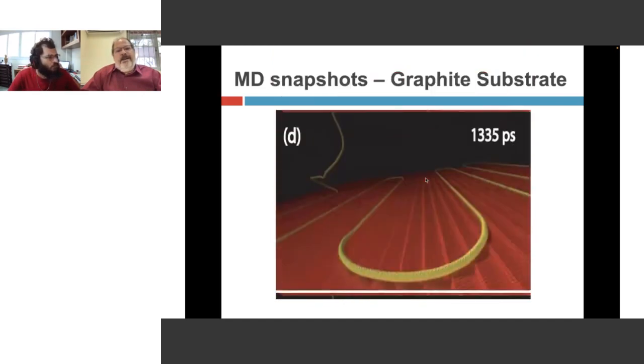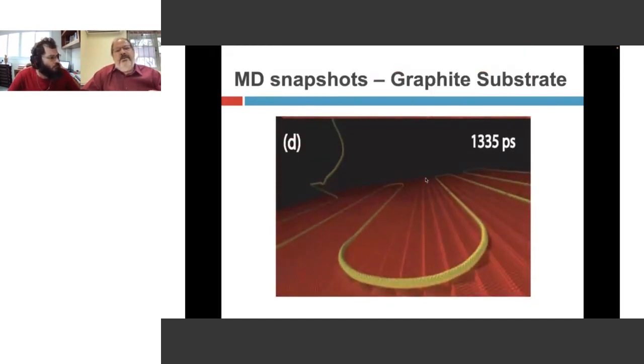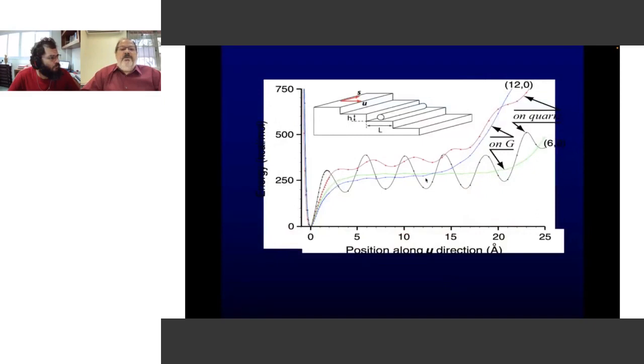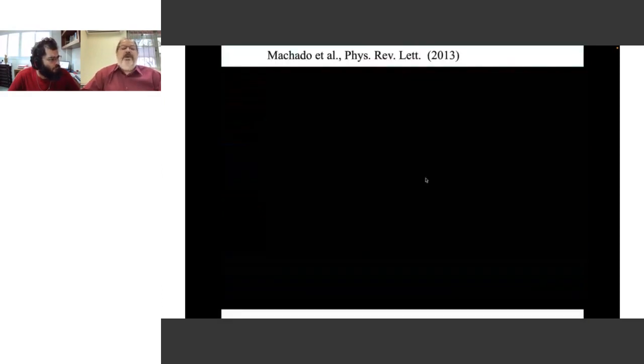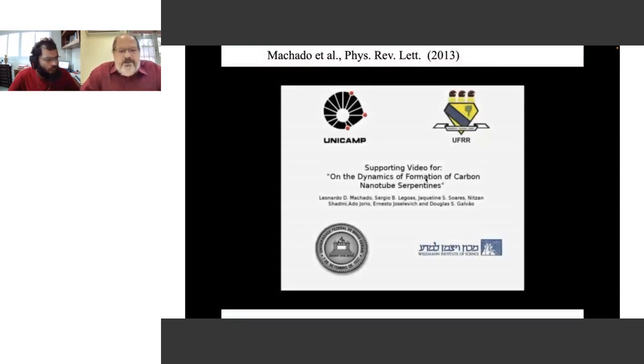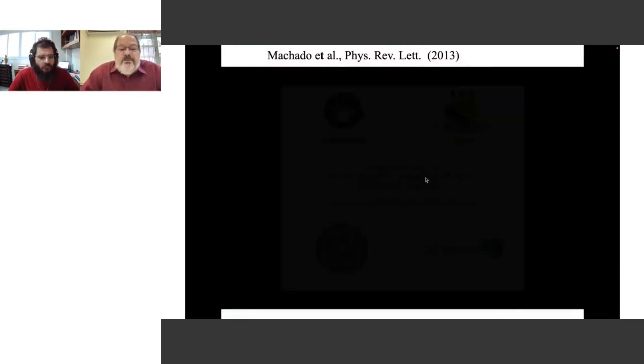They are similar, but the details are different because silicon oxide is a thick substrate, while graphite has very, very little friction between the carbon nanotube and the substrate. Then, using very simple methods, you can analyze the force profile and the energy profile, and you can explain why this would be different. But one main advantage of molecular dynamics is that you can visualize what is happening.